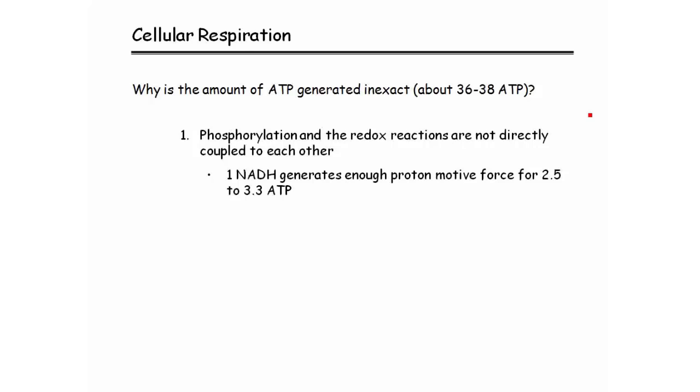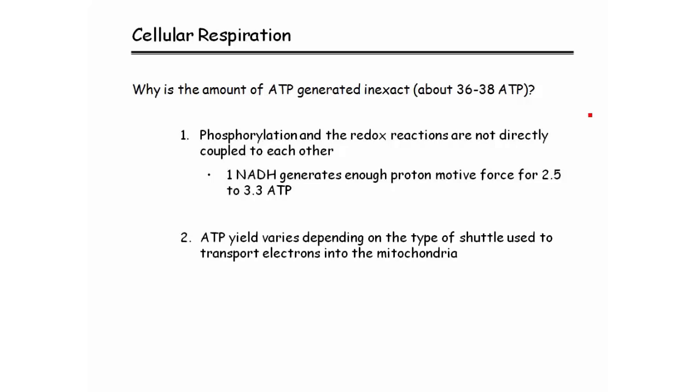This creates more of a range of ATPs that we get for NADH. It's really more like 2.5 to 3.3 ATPs. We're using 3 ATPs each as a nice even number. Of course, depending on which end you were at, 2.5 versus 3.3, you'd get a different overall number for your NADH ATPs.